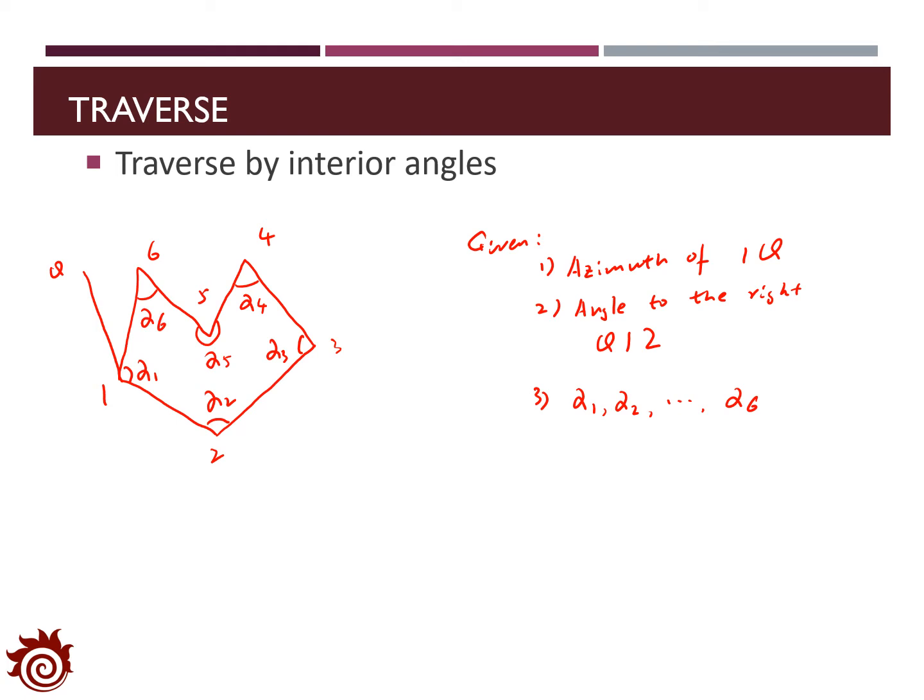And it wants us to find out the azimuths of all the lines in this polygon.